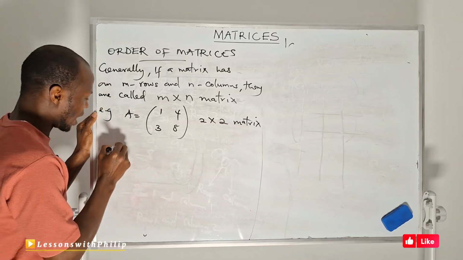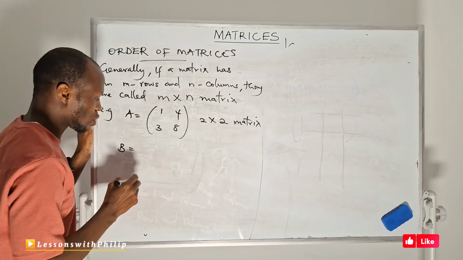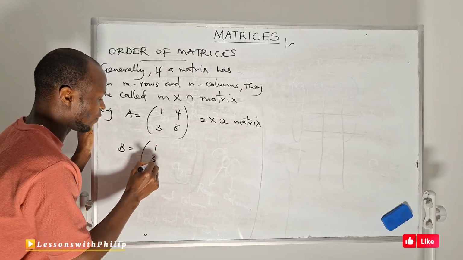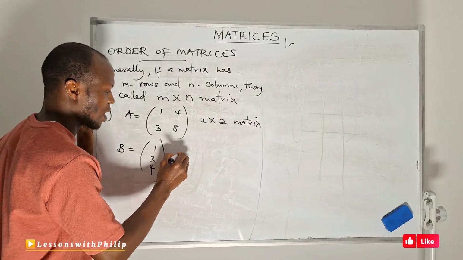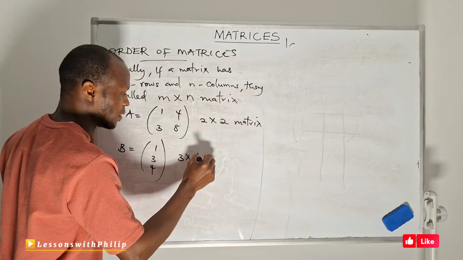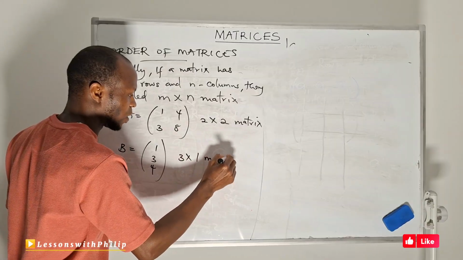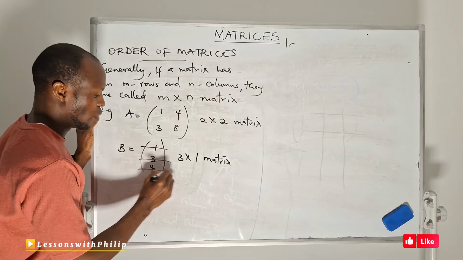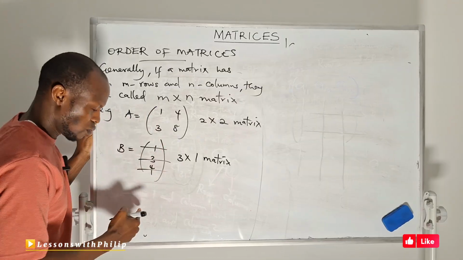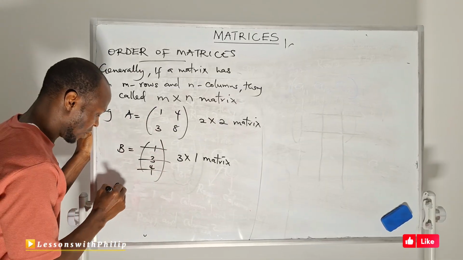Okay, now let me give another example. If I have B equals 1, 3, 4. What is the order of this matrix? The order of this matrix is what? 3 by 1 matrix. It has how many rows? 1, 2, 3. How many columns? 1 column.